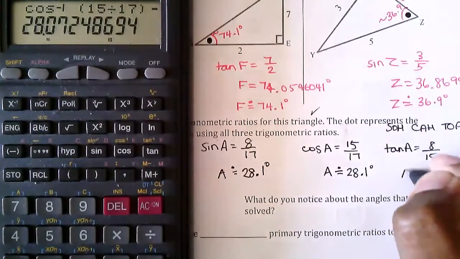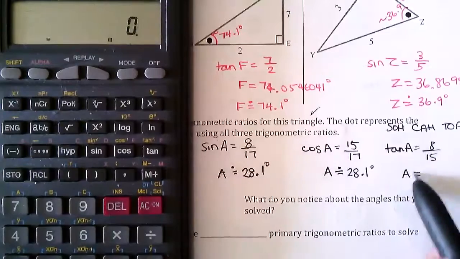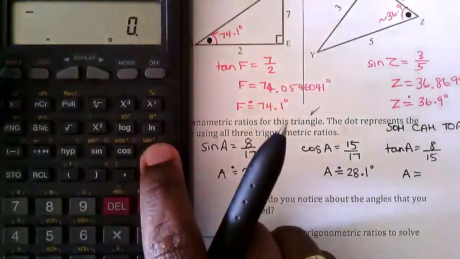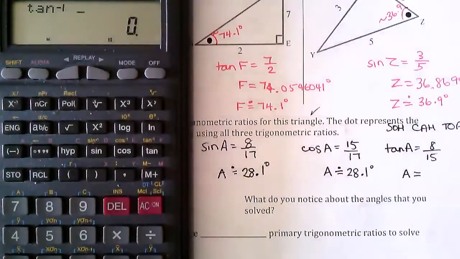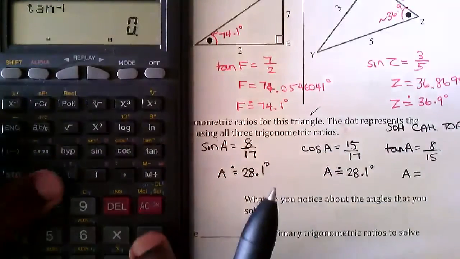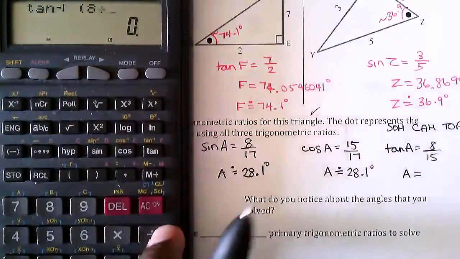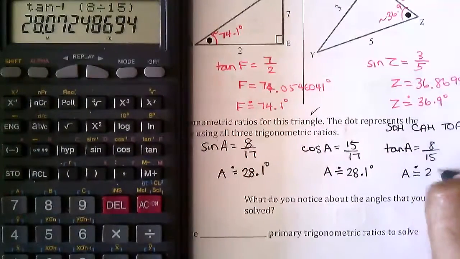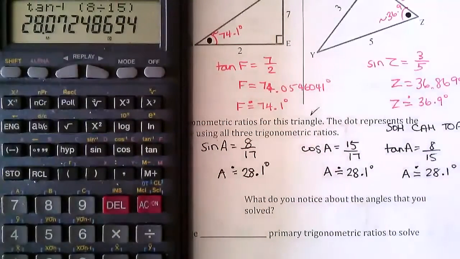And if I do the tan ratio, again, to isolate for the angle, I'm going to use the inverse trig ratio. So for tan, I'm going to do shift and tan to get tan to the power of -1, which indicates inverse. And then I'm going to type out the ratio 8 over 15 in brackets, and that also gives me 28.1 degrees.